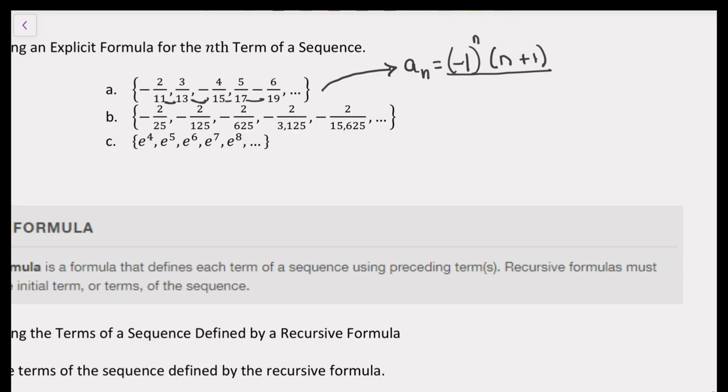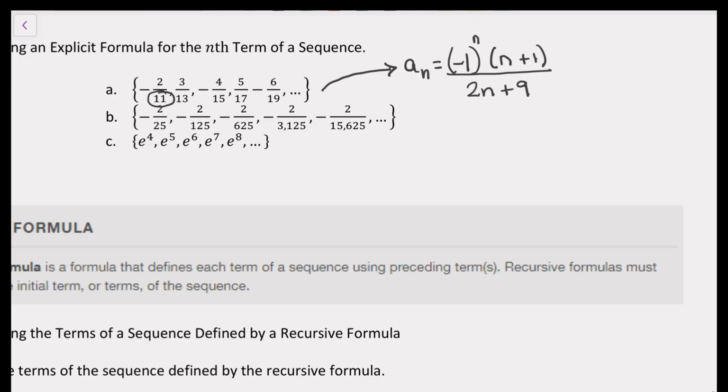So I'm going to say 2n. There's a trick. It will typically nearly always work unless there's something else going on also. But if this is just the first term and I plug in a 1, that's going to give me a denominator of a 2, not an 11. I would have to add 9 to it to make it work.